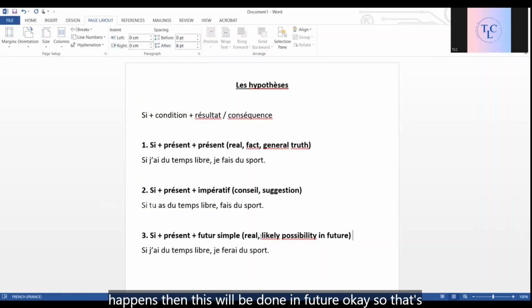If this happens, then this will be done in the future. That's where we use si plus présent plus futur simple. I told you, look at the résultat; depending on that, we'll choose the hypothèse whenever we need it.